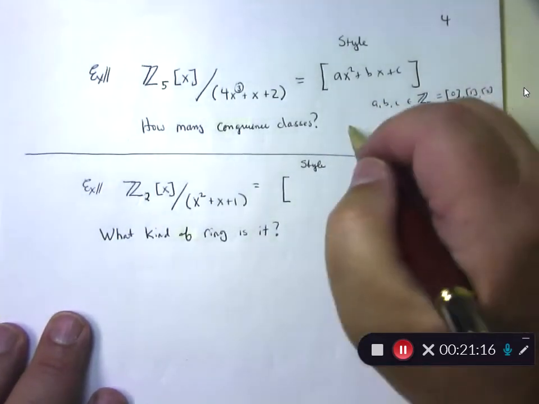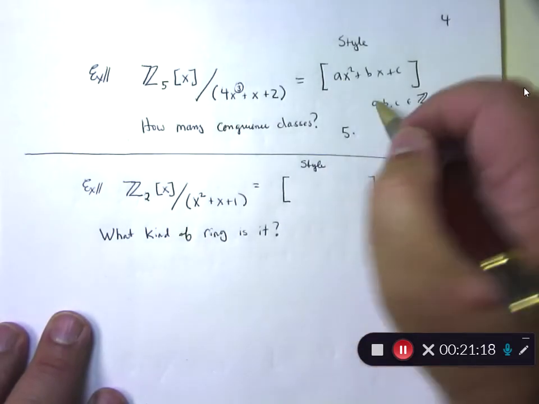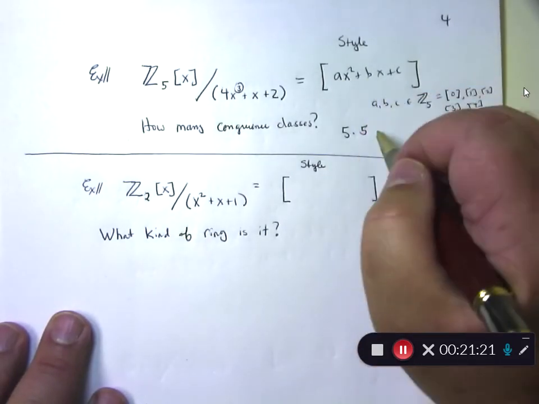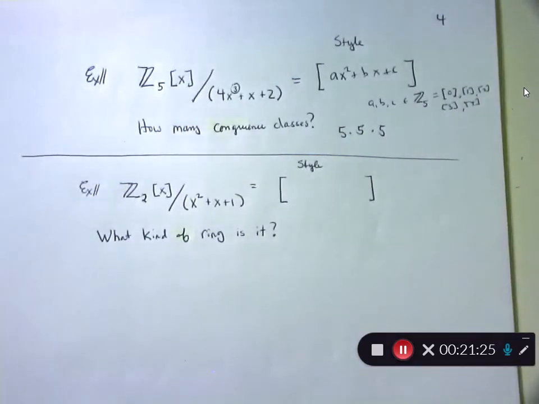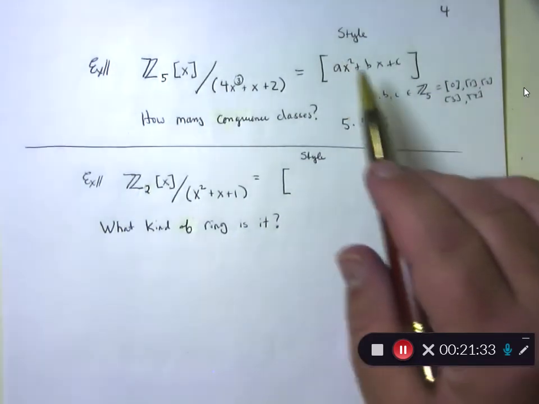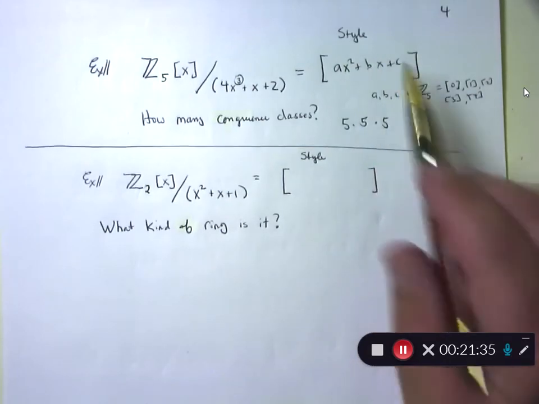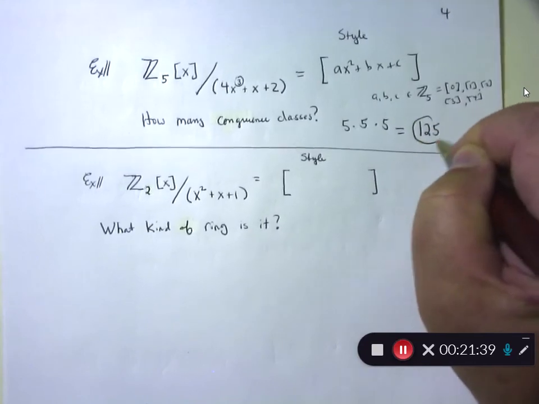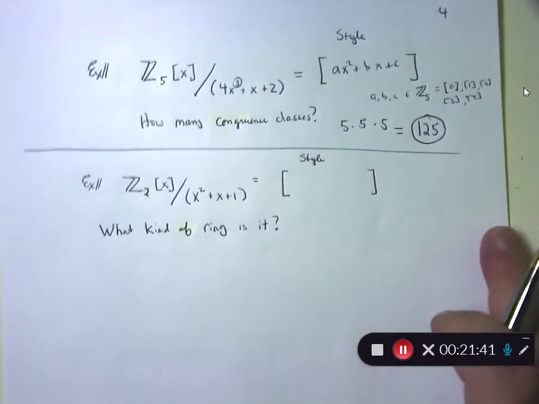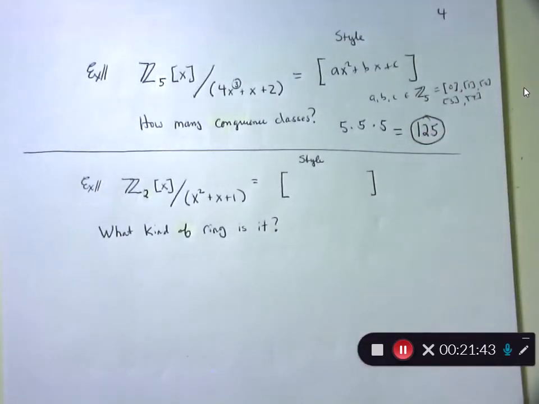So I've got 5 choices for A, 5 choices for B, and 5 choices for C. This is called the multiplication principle, when you're trying to figure out the number of possible ways something can happen. So 5 times 5 times 5 is equal to 125 congruence classes. This will be a ring with 125 elements in it.